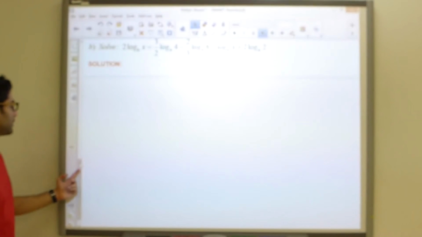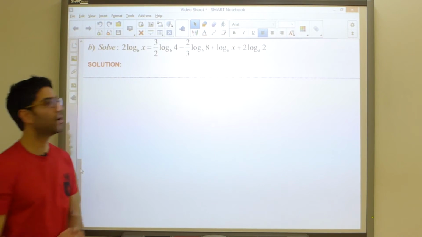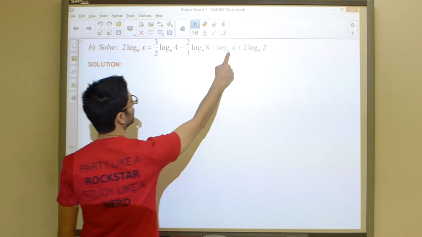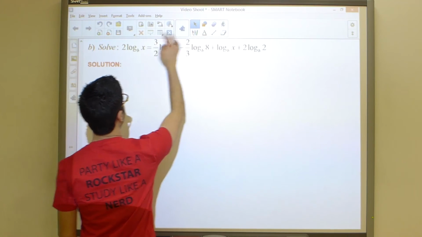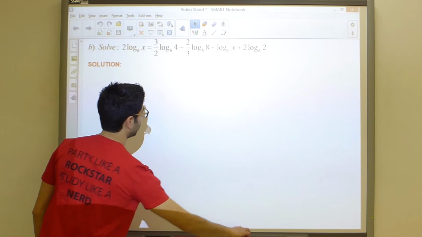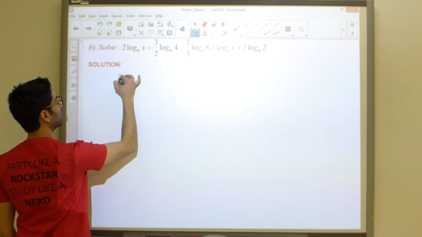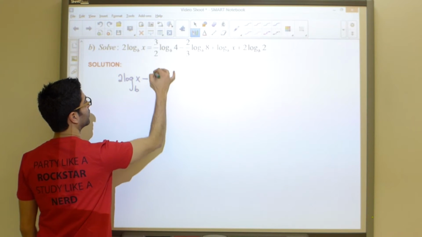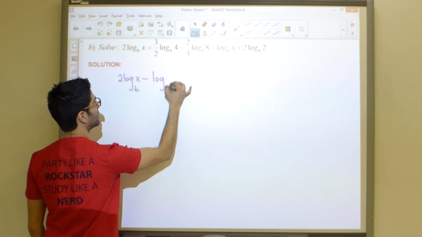So the solution to this problem, remember, step 1: x is on one side, numbers on the other. So what I'm going to do is I recognize that there's an x over here. I'm going to bring that over to the left-hand side. So what that's going to give me is the following. When it comes over, obviously the sign switches, guys.